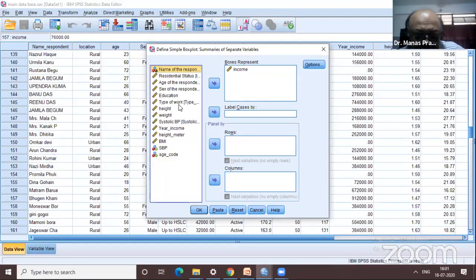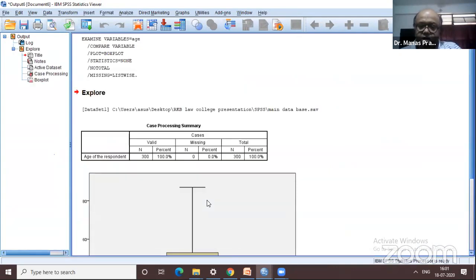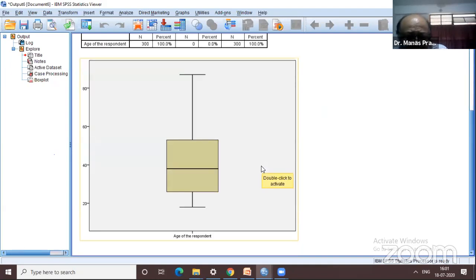Then suppose we want to find it for age. Select age, define. You see here that there is no extreme observation.